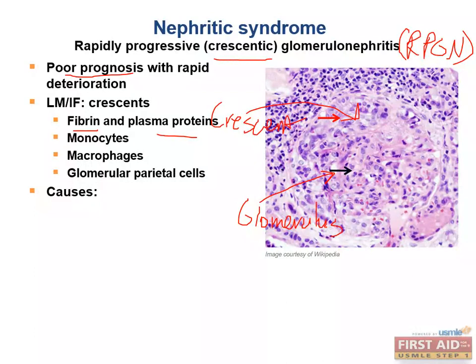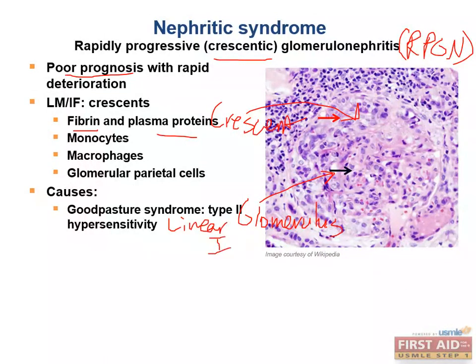RPGN can be caused by a number of diseases, and there are 3 important ones we need to know. Goodpasture syndrome, which is a type 2 hypersensitivity reaction where antibodies cause inflammation all along the glomerular basement membrane, leading to a continuous or linear stain on immunofluorescence.